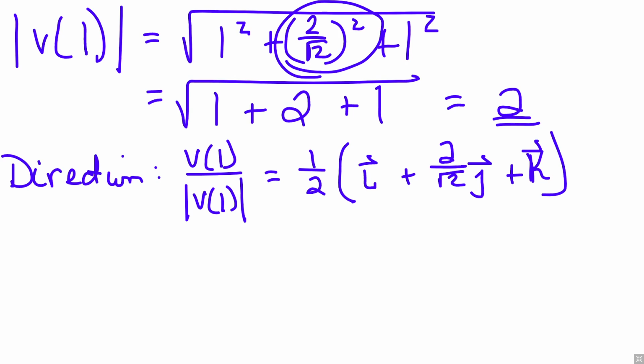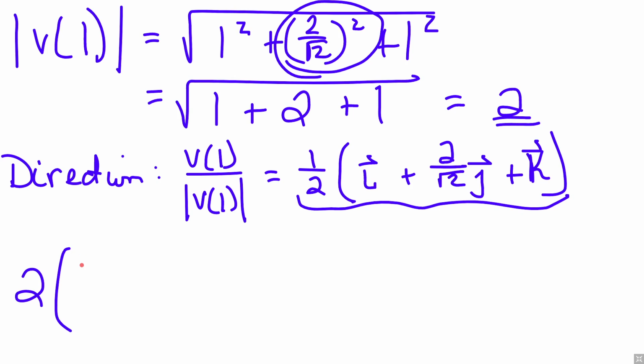And then the last thing that we had to do for this problem is to write the particle's velocity at the time in terms of the product of speed and direction. So the speed, which is 2, and the direction. Essentially what we would want to do is just multiply this out.